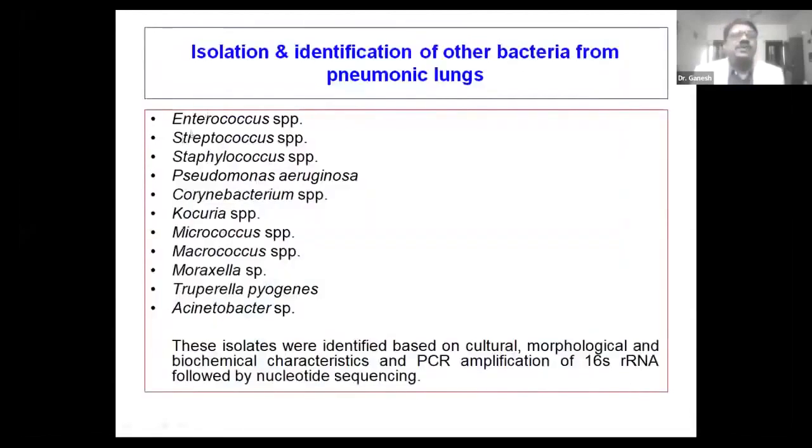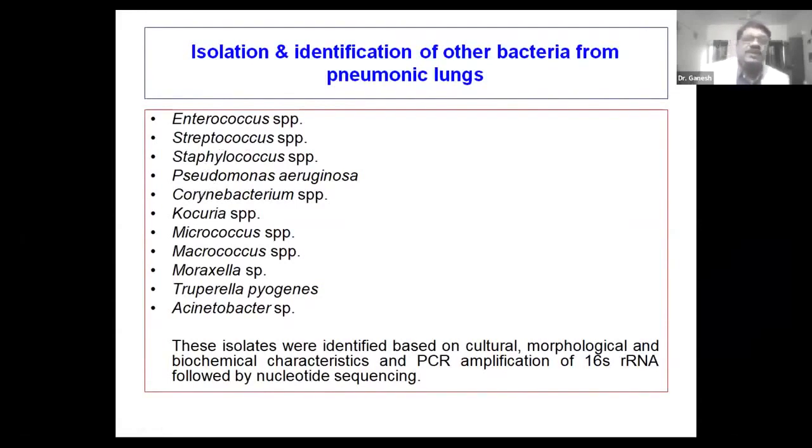Other isolates were Enterococcus species, Streptococcus, Staphylococcus, Pseudomonas aeruginosa, Corynebacterium, Kocuria species, Micrococcus species, Macrococcus species, Moraxella, Trueperella pyogenes, and Acinetobacter. Among these, it is known that Streptococcus, Staphylococcus, Pseudomonas, and Corynebacterium are well-known causative agents of pneumonia.